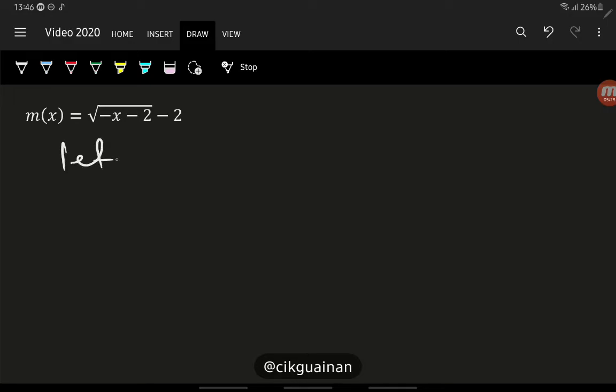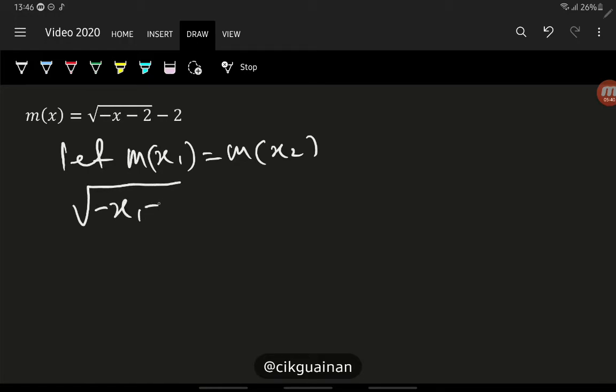So let m(x1) equals m(x2). So we have the square root of minus x1 minus 2 equals the square root of minus x2 minus 2.